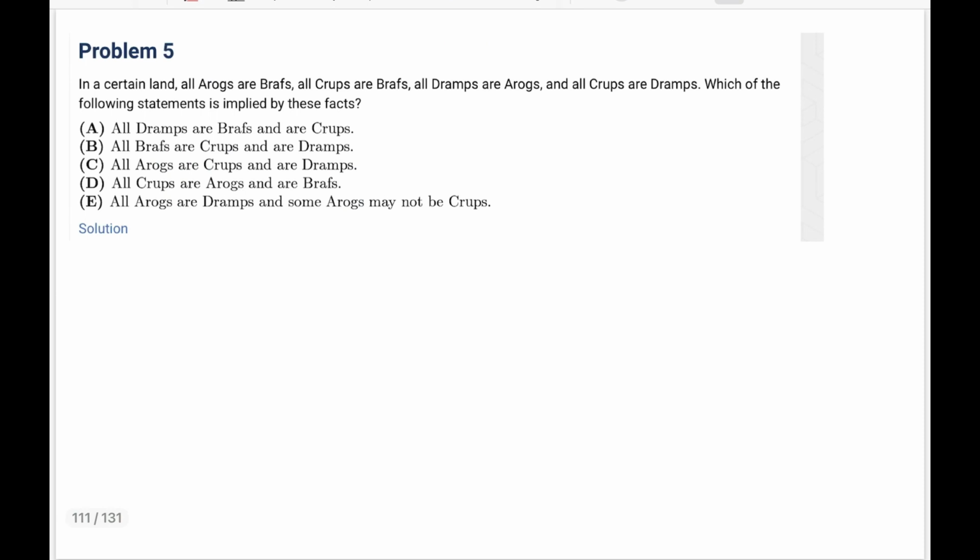Problem number 5. In a certain land, all arrows are breaths, all crops are breaths, all drams are arrows, and all crops are drams.